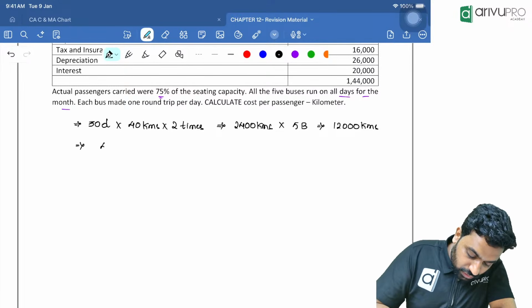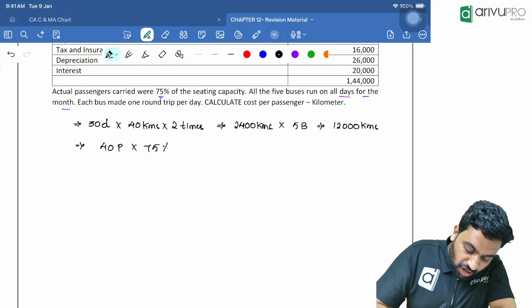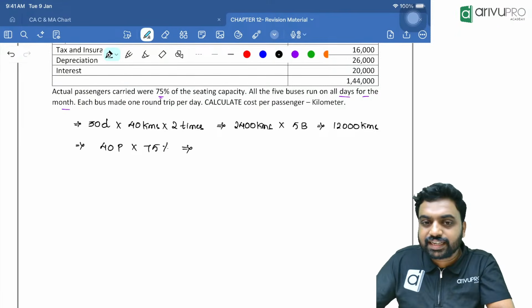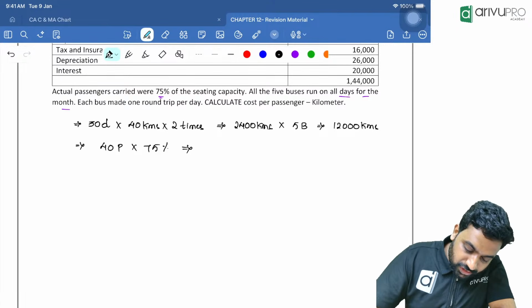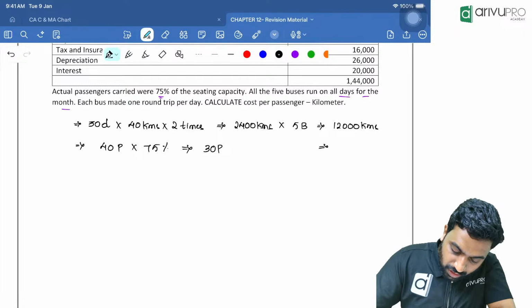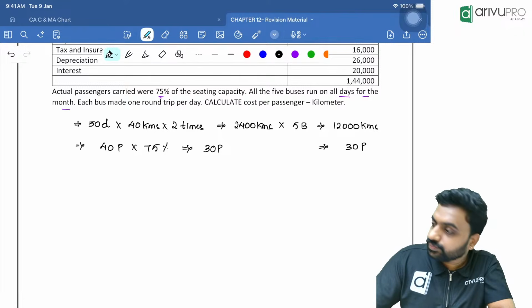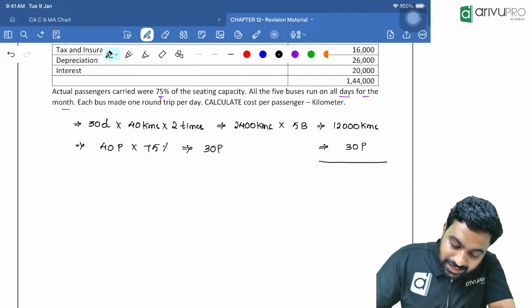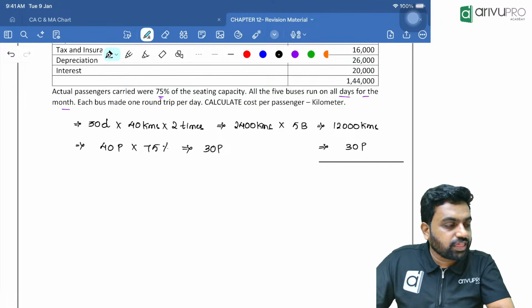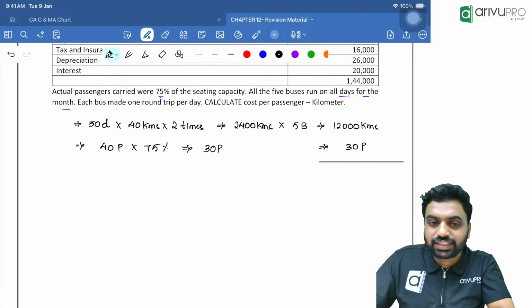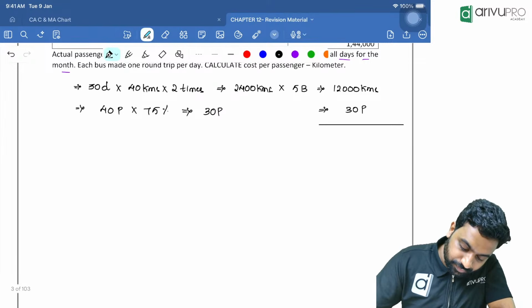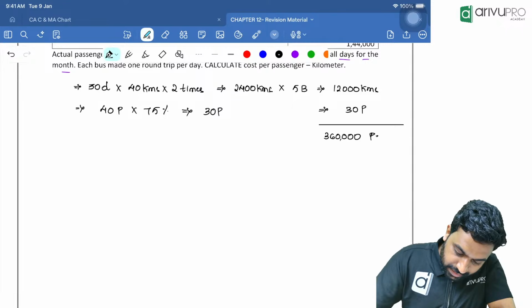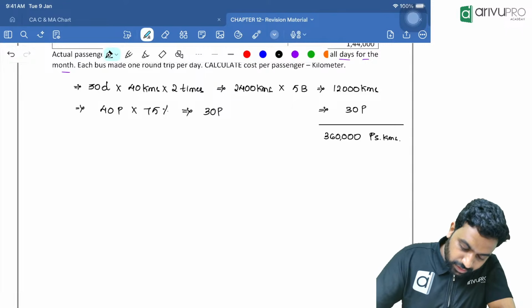Passengers. Of course, we have 40 passengers. Of that 75% occupied irrespective of which side it is going, etc. That means straight away I can say around 30 passengers will be there all the time. So my passenger kilometers will be 12,000 kilometers with 30 passengers on an average, 3,60,000 passenger kilometers.